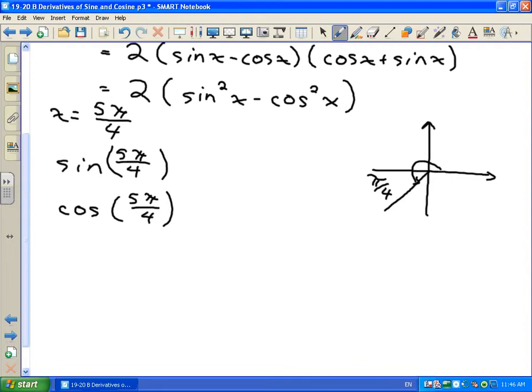If we want to do this exactly, we've got to use our special triangle for pi over 4, which is our 1, 1, root 2 triangle. Let's just do pi over 4, 1, 1, root 2.